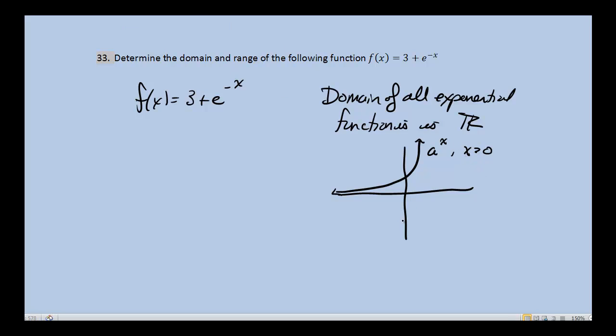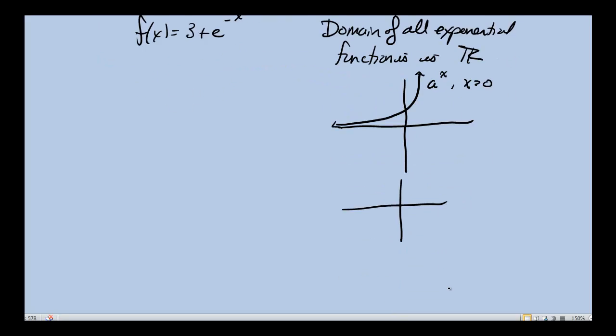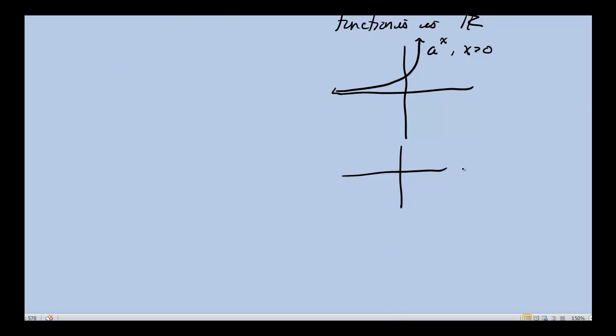So x is positive, and then down here I will show us what happens when our x value is negative. We're going to have a negative growth or a serious decrease. So this will be a to the x, where x is less than 0. So we could say a to the negative x.